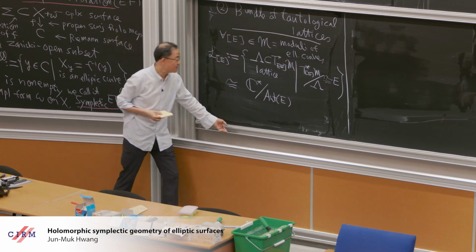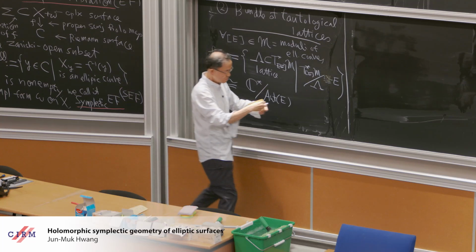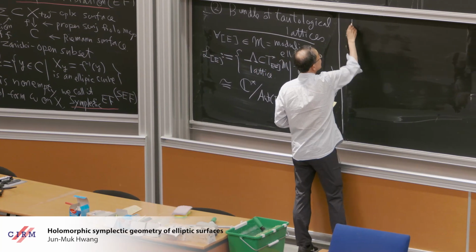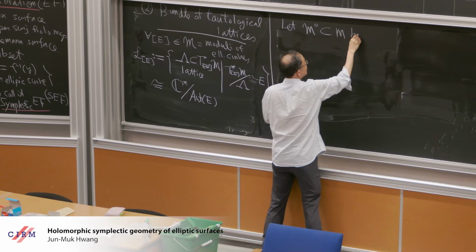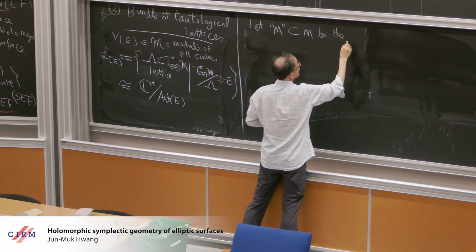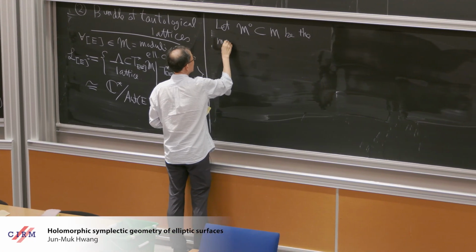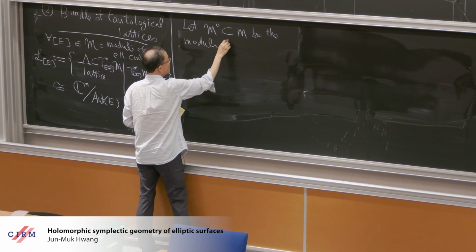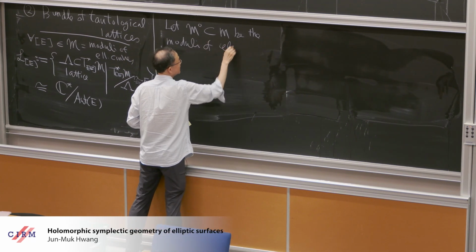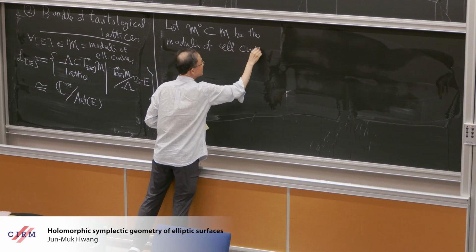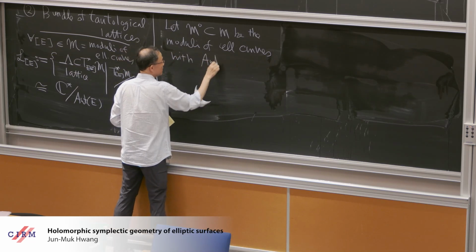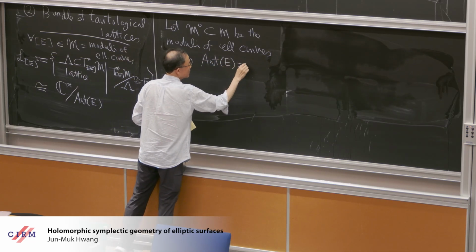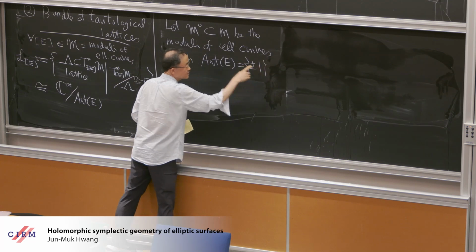So now let M0 be the moduli of elliptic curves with trivial automorphism, just plus minus 1.